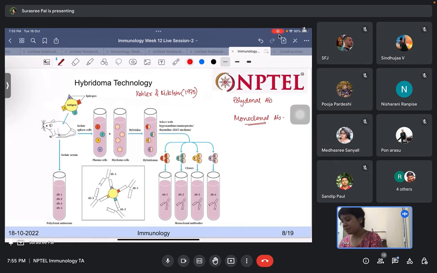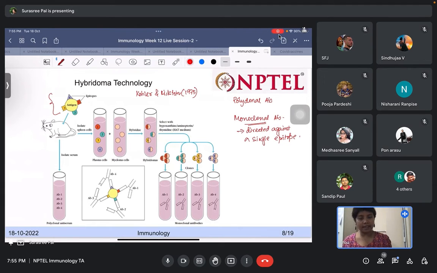So for example, here you can see that a particular antigen can contain many different epitopes, right? But monoclonal antibody is the antibody population which can recognize a single epitope of the antigen.